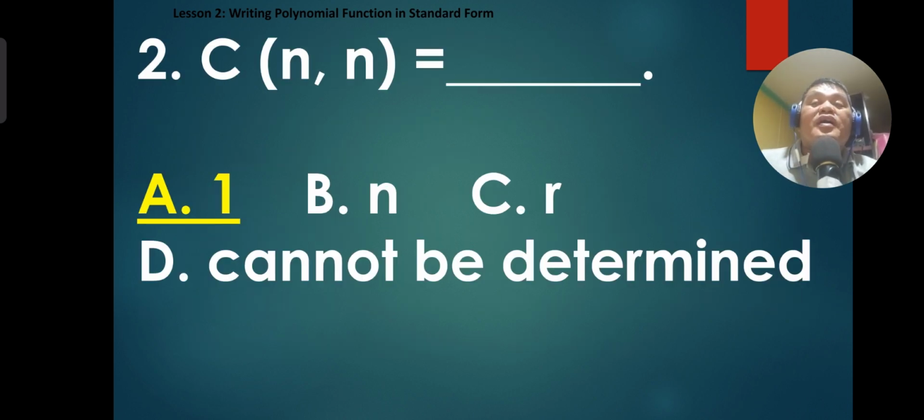We are going to evaluate combination of n objects taken n at a time, equal to blank. Again, the answer here is A, 1. So the possible answer is A, 1.